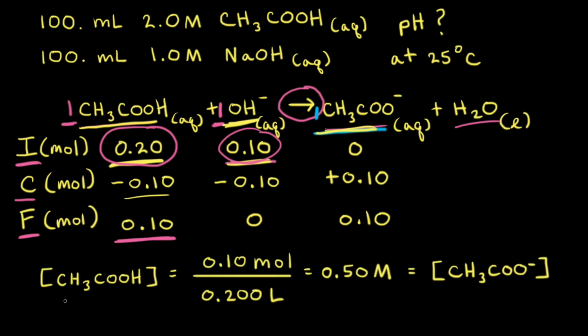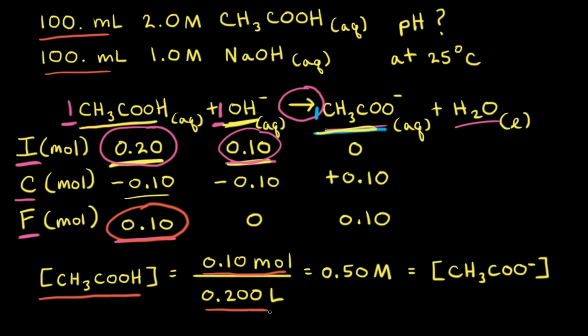The next step is to calculate the concentration of acetic acid in solution. So we ended up with 0.10 moles of acetic acid, so we plugged that into our equation for molarity. And when we mixed our two solutions together, the 100 milliliters of our weak acid with the 100 milliliters of our strong base, the total volume of the solution is 200 milliliters, or 0.200 liters.